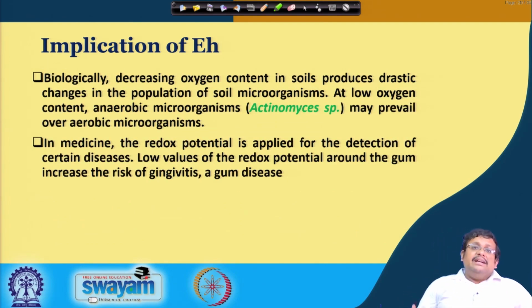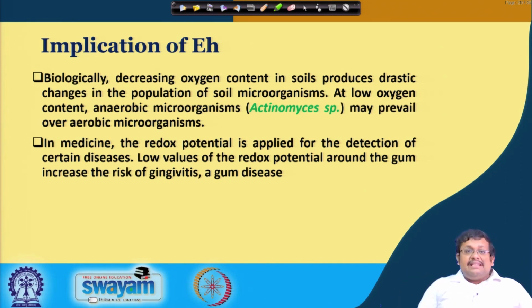Biologically, decreasing oxygen content in soil produces drastic changes in the population of soil microorganisms, as we have discussed. At low oxygen content, anaerobic microorganisms like some actinomycetes species may prevail over aerobic microorganisms. Now, Eh not only has application in soil, but also in other disciplines.